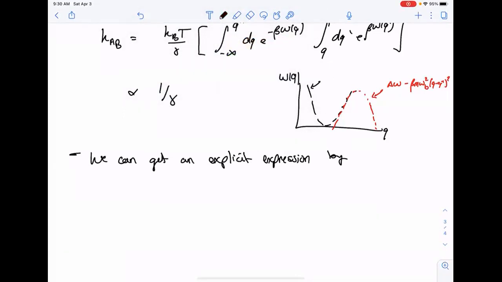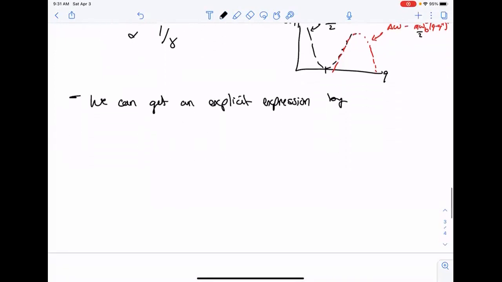For this parabola, it would have some positive curvature, beta m omega squared, q less some qA squared, divided by 2. So those will then be Gaussian integrals that we can do.